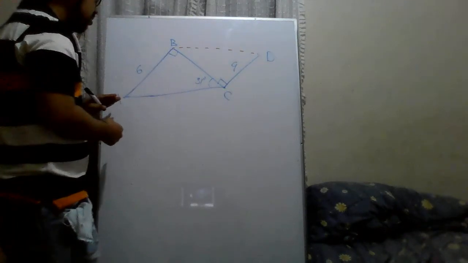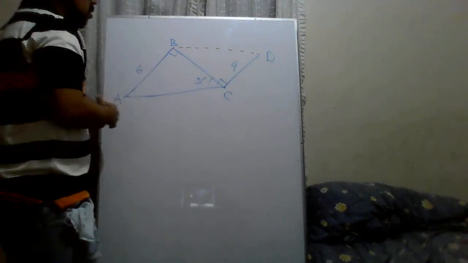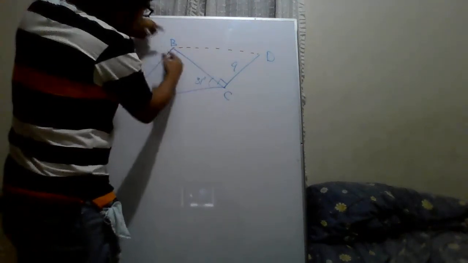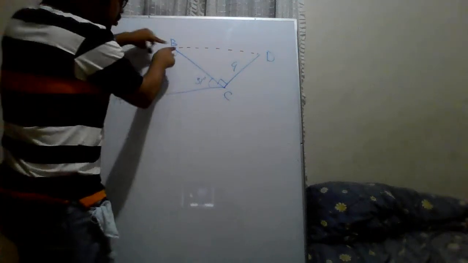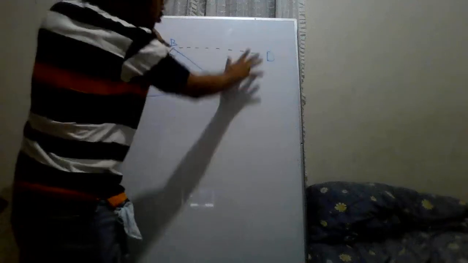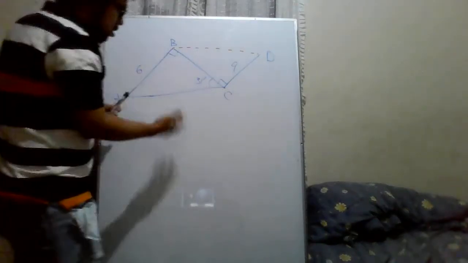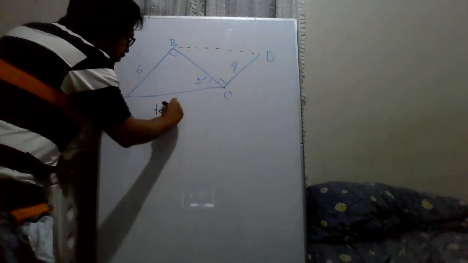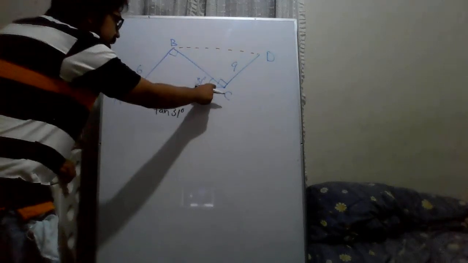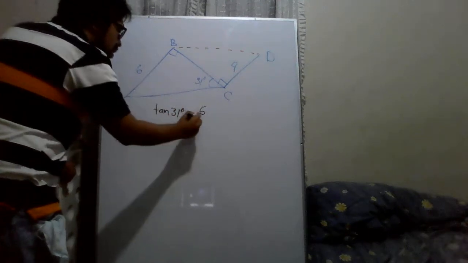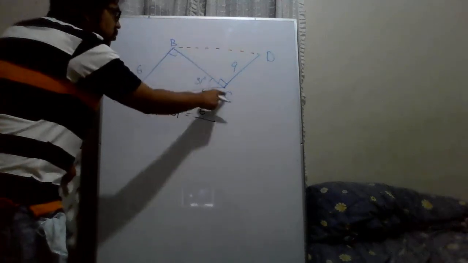But I think that's not useful for us, because if we can manage to know this side, you can use this information to solve this other triangle. So it's better to use the tangent of 31 degrees, because the tangent involves the opposite leg, which is 6 over the adjacent leg, which is this one.